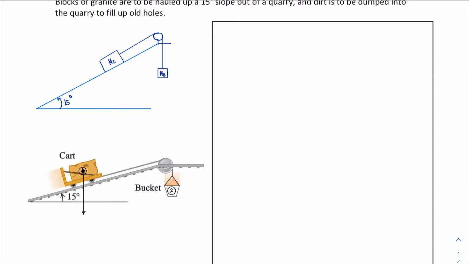So regardless of whatever this angle is, the weight will always be straight downward. That's why a practical tip in creating a free body diagram is to start with the weight.